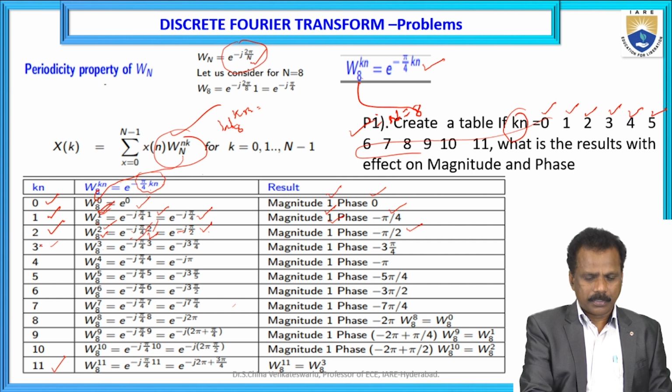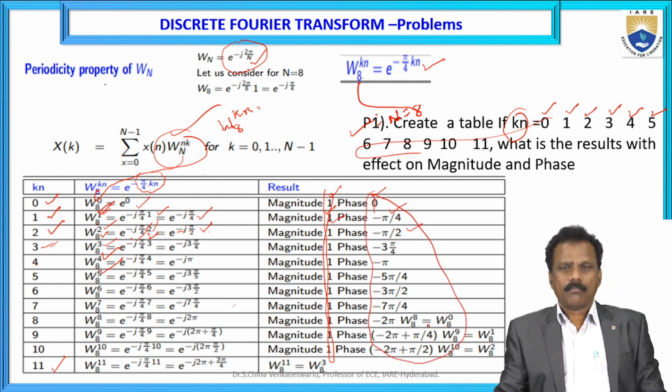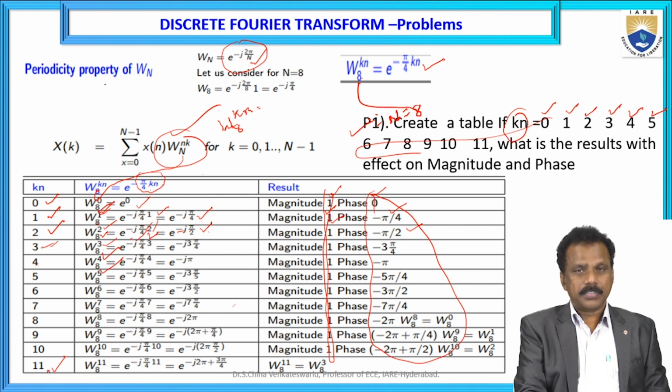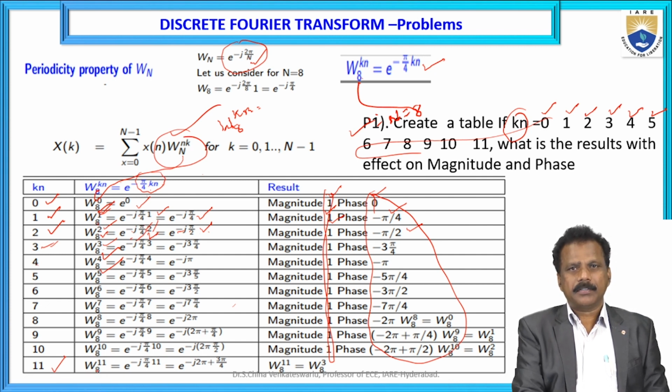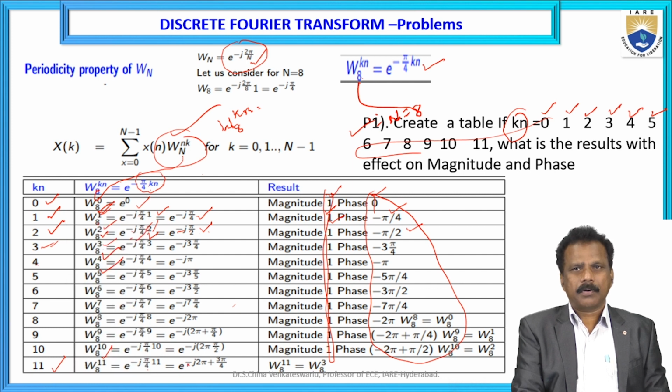Go on using this for kn equal to 3, 4, 5 like this. All have magnitude 1, but the phase values vary. Finally, for kn equal to 11, W_8^11 is equal to e^(−j11π/4), equal to e^(−j(2π + 3π/4)).